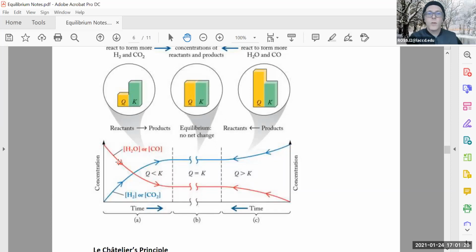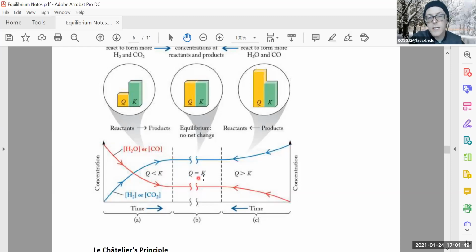So I would expect this part of the process to be Q. So here I could write a mass action expression, but it wouldn't be an equilibrium mass expression. I could write a mass action expression for A here, but it wouldn't be constant, so it would be a Q value. The actual equilibrium is in the middle. This is where the molar concentrations are constant.